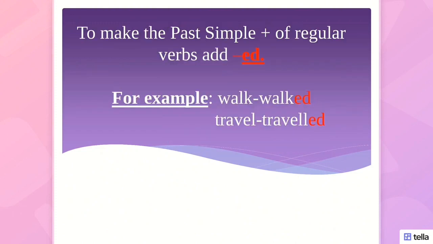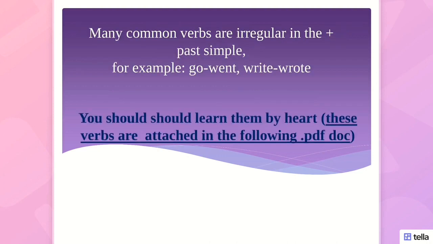In order to make the past simple verb, we have to add ed to a regular verb. For example, walk, walked, travel, traveled. But many common verbs are irregular in their affirmative sentences in the past simple tense.